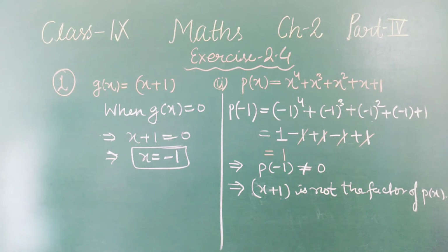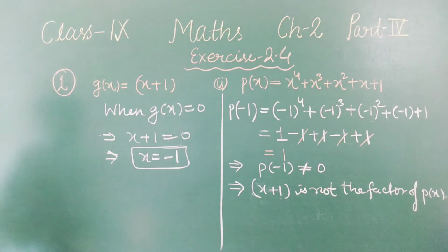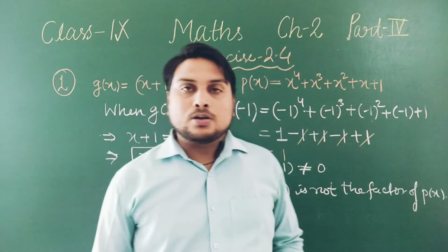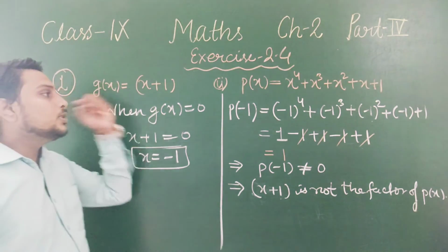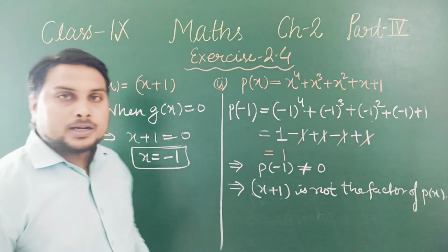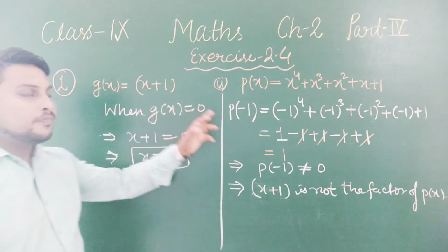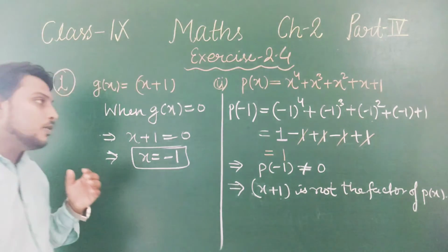In every polynomial you have to put the value of x as minus 1 and check whether the value of the polynomial is coming 0 or not. It is basically the remainder. If the remainder is 0, then only x plus 1 will be a factor of the given p(x), otherwise it will not be.